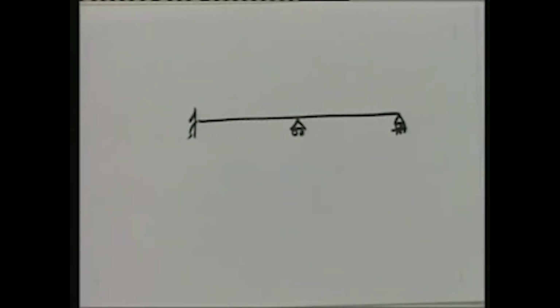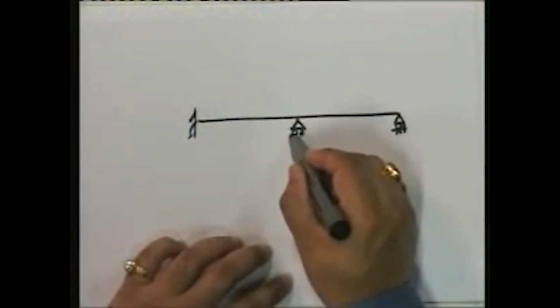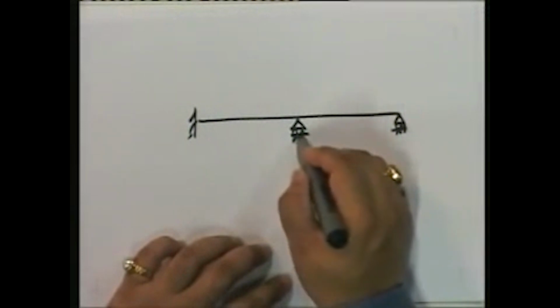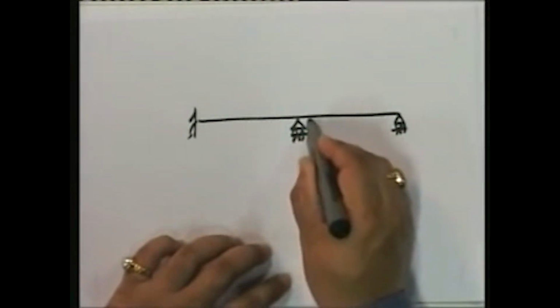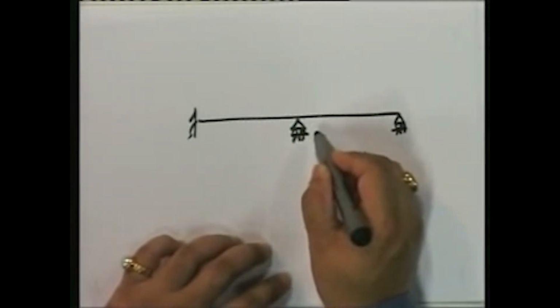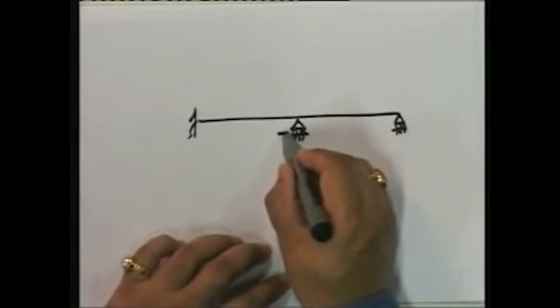Well, the first thing I'm going to do is start fixing. This is a roller support. I'm going to add 2 restraints to this. So think about it. If I add 2 restraints to a roller support, in other words, I'm going to stop it moving in this direction.